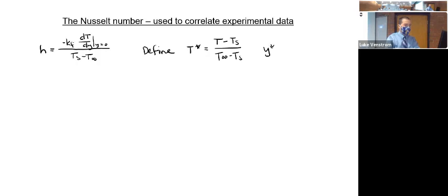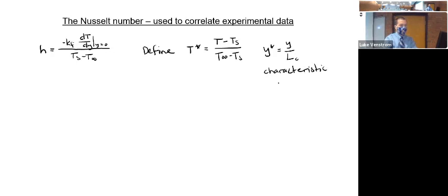And we define a non-dimensional positional coordinate, y star, as the coordinate y relative to some characteristic length scale of the problem, L sub c. What that characteristic length scale is depends on what the problem is, and you'll know from the definitions, so don't panic too much about it. Just think of it as a length right now.